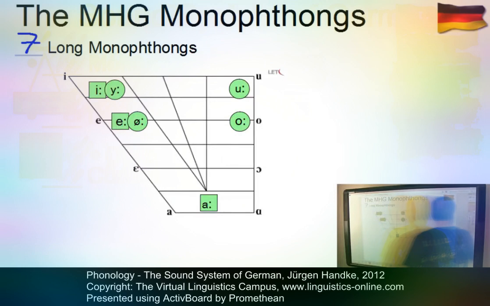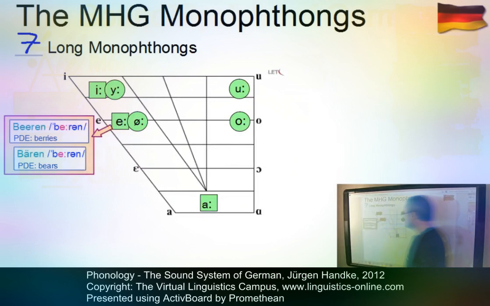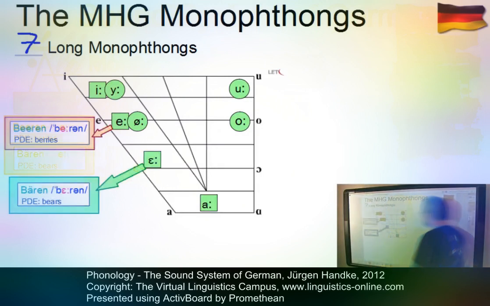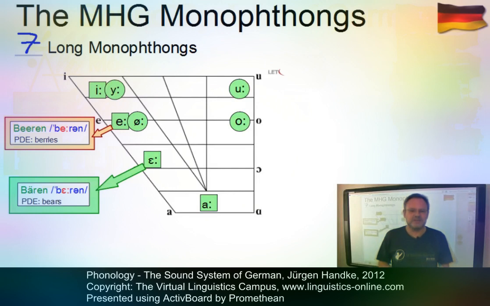For example, in words such as Beeren, the berries, and Bären, the bears, which are now homophones. Others generally keep them apart, thus they have 1 vowel more. So they would say Beeren, the berries, and the Bären, the bears.